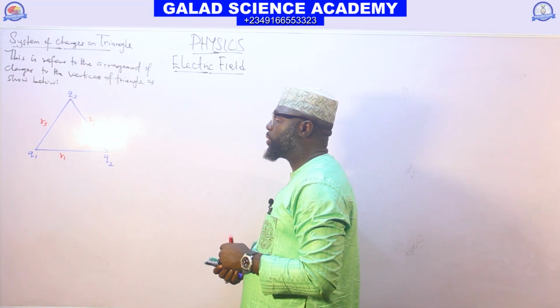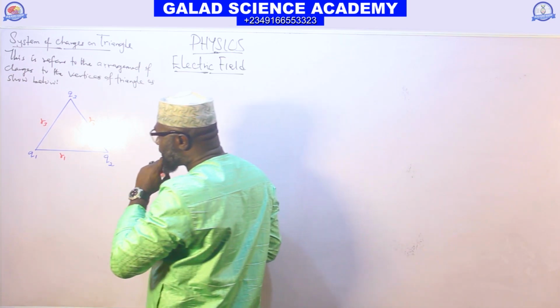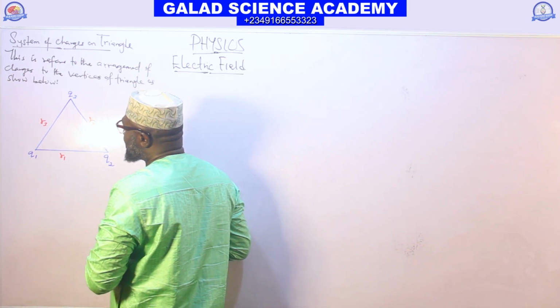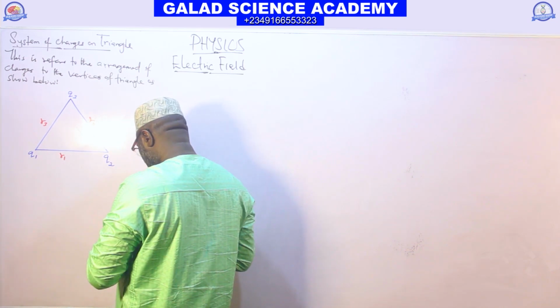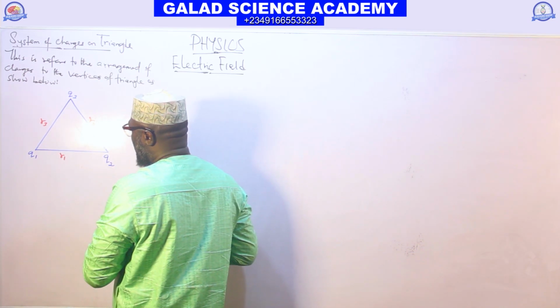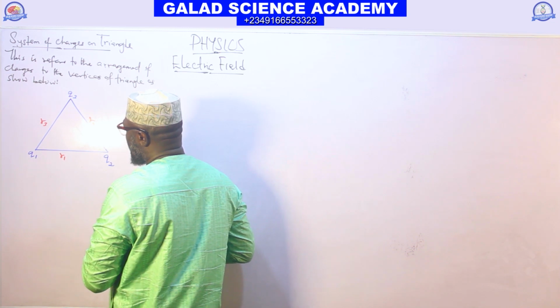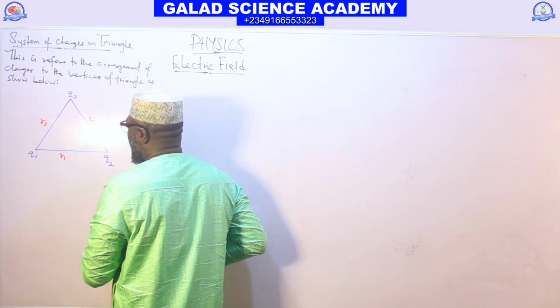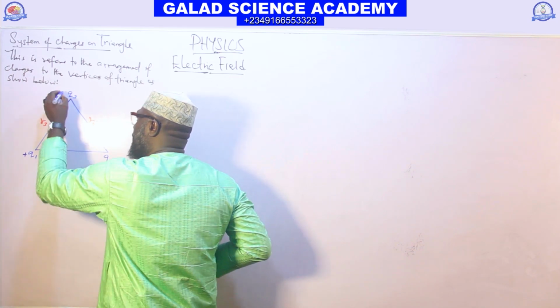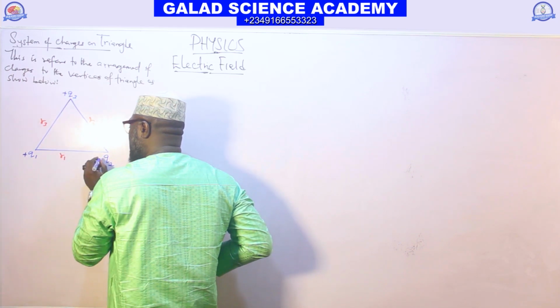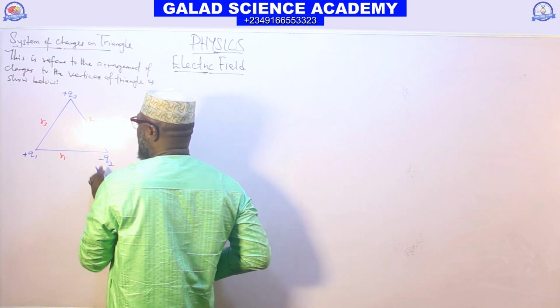And here now, let us do this. Let me assume that here we have a positive charge, here we have a positive charge, and here we have a negative charge.